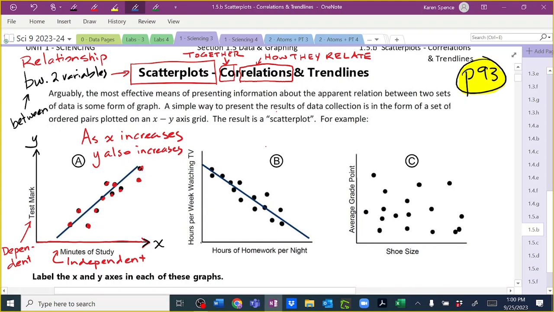In B, as x increases, so as we go from left to right, x is getting bigger, what's happening to the y value? Yes? The y value is decreasing, so the y decreases.